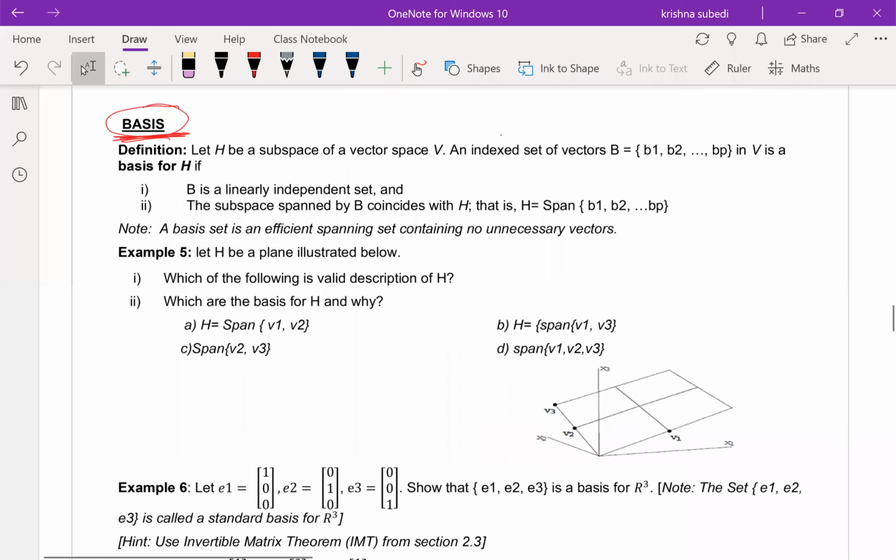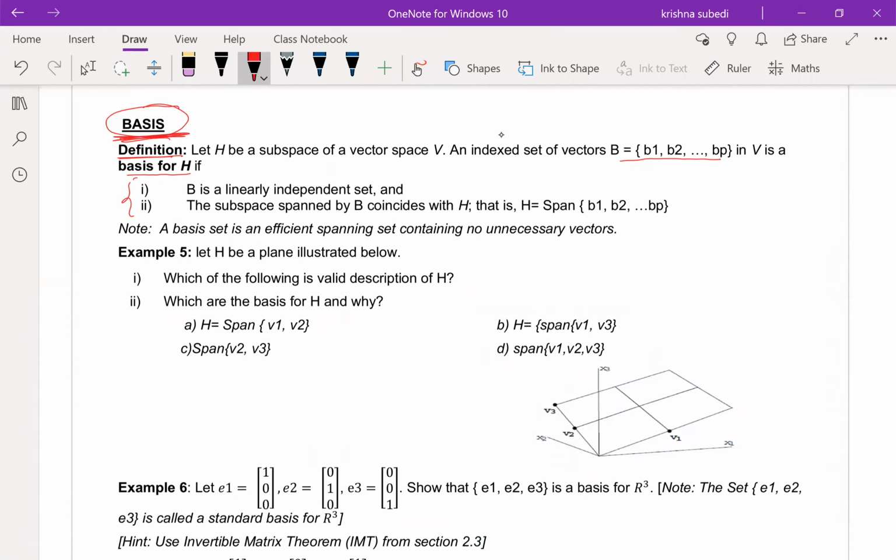Okay, first, please read the definition. Let H be a subspace of a vector space V. An indexed set of vectors B in V is a basis for H if it satisfies these two conditions.